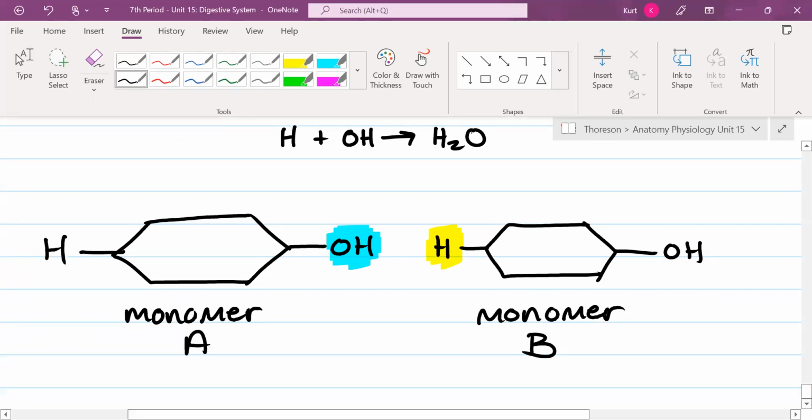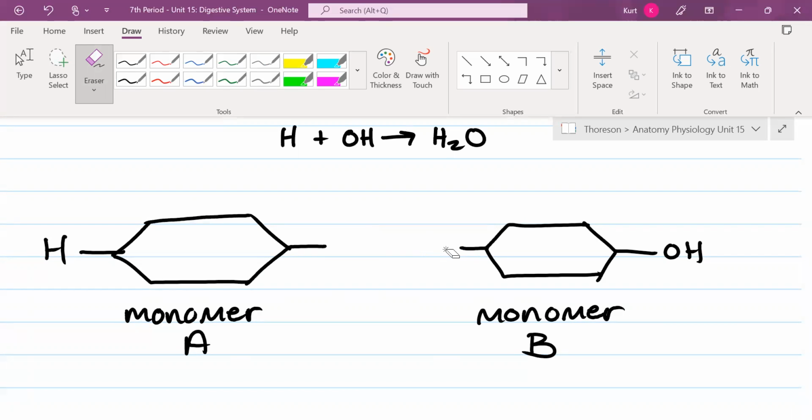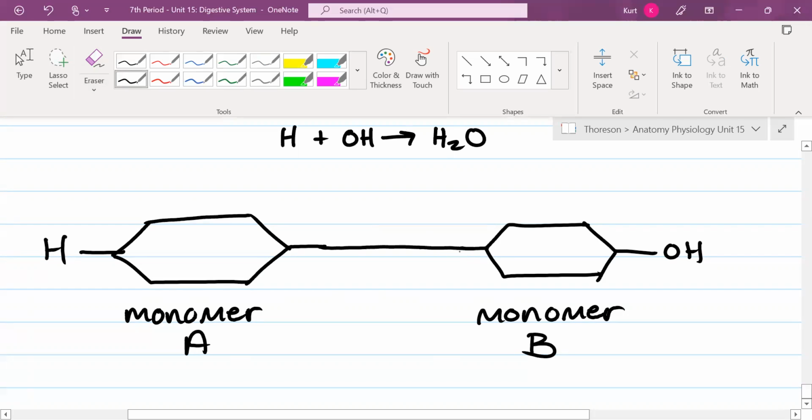So here's what you do. You remove OH from one side and H from the other. So effectively, you have removed water. Water has been taken away. You have dehydrated it. And now that you have removed water, a bond can form between them. You have now formed a polymer. This is dehydration synthesis. This is how you take smaller subunits and make big molecules.